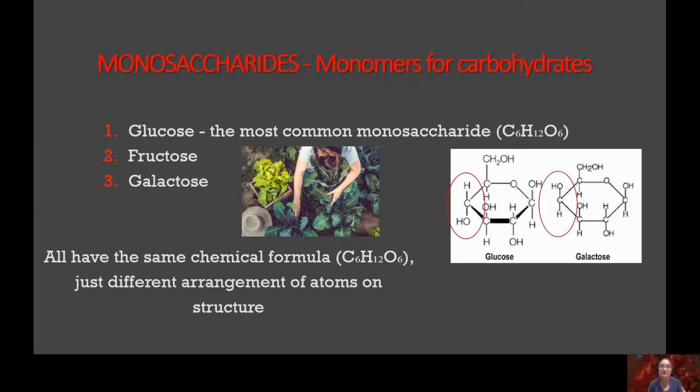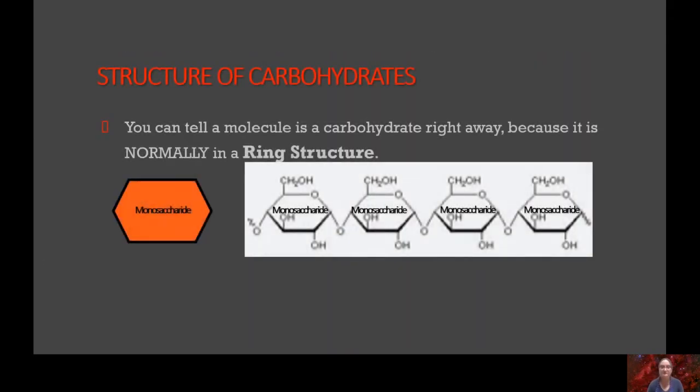So the structure of a macromolecule is very important, because then that's how your body will be able to process it. How easy it will be to break this molecule apart in order to utilize the energy. Carbohydrates are normally in what we call a ring structure, so they're connected one to the other in a ring-like format.